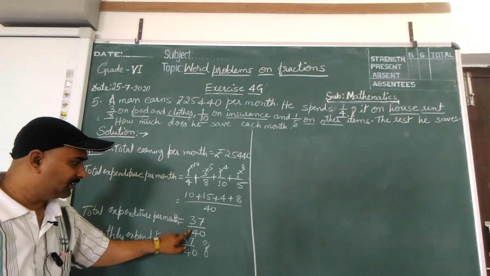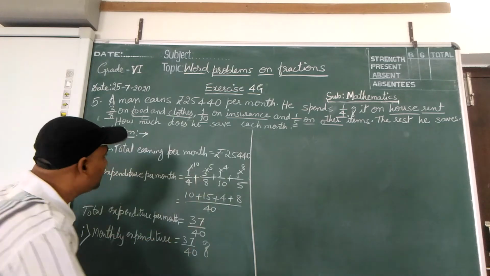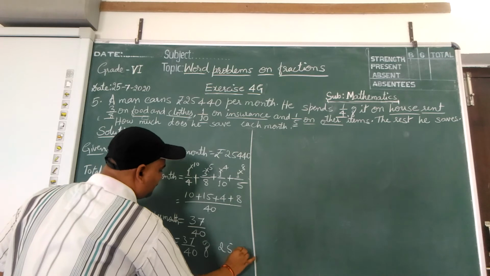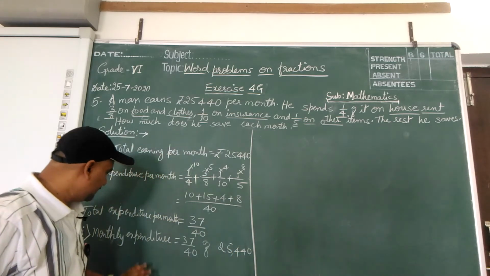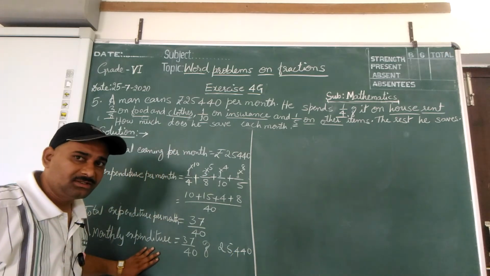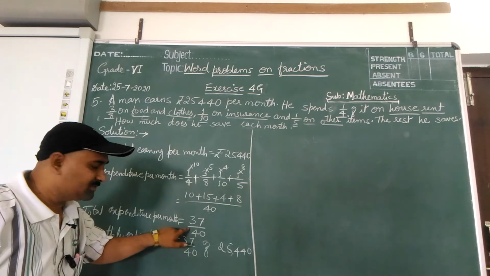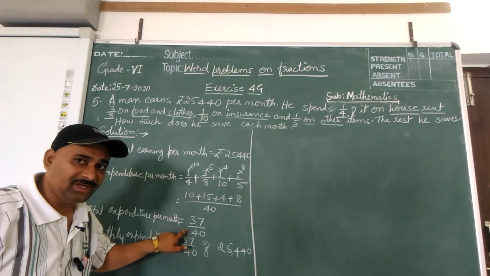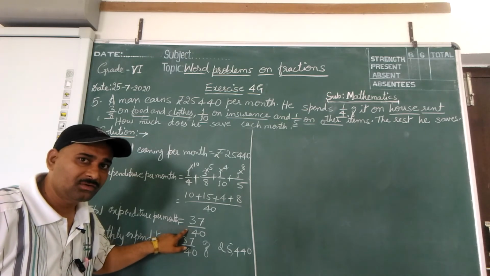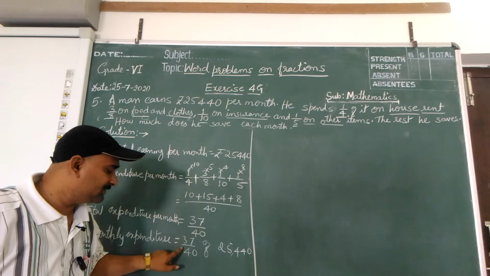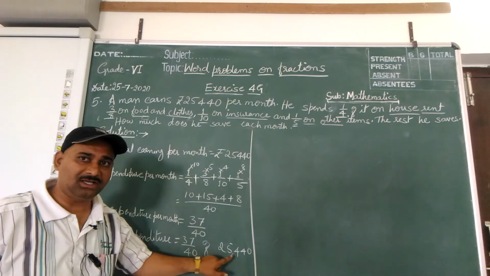How much is this man spending? This part we have to convert into rupees. It is 37 by 40 of the total amount.